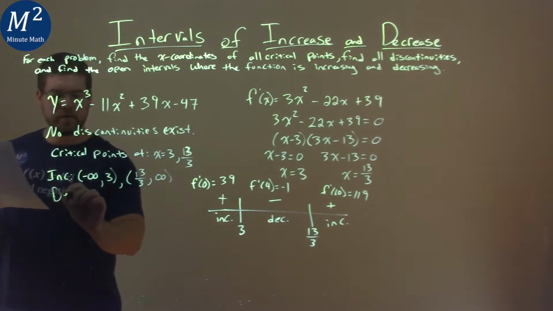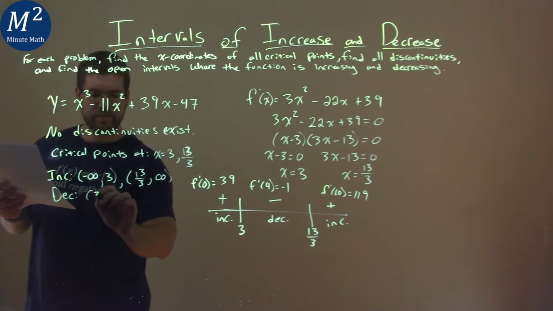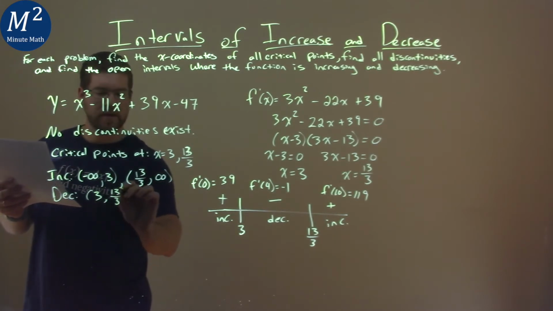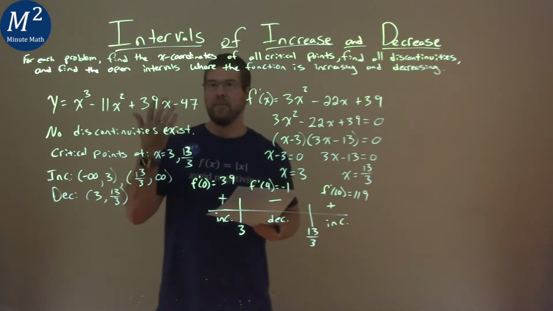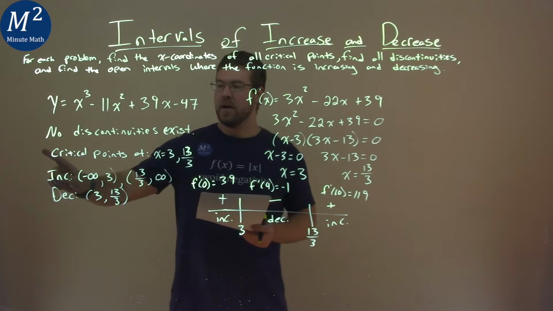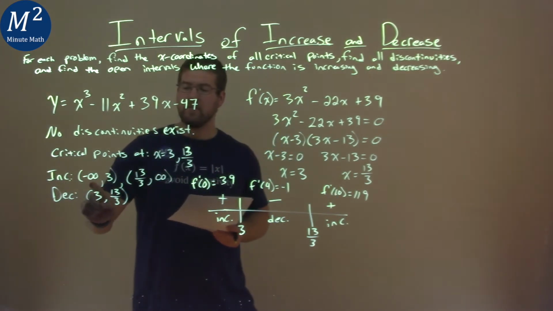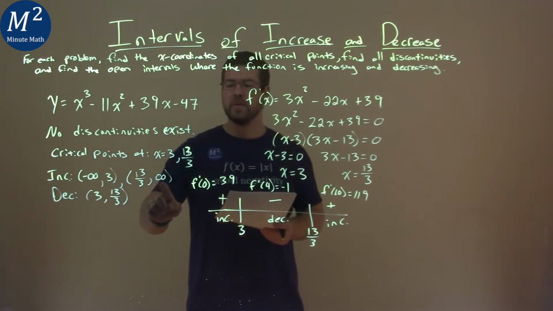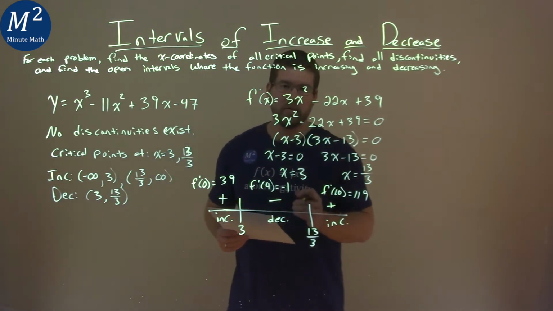We are decreasing on the interval from 3 to positive 13 over 3, and again, we need parentheses here for that. And so that's it. We answered all the questions, and so our final answer here is just no discontinuities exist. Critical points are at 3 and 13 over 3, and our increasing interval is negative infinity to 3 and 13 over 3 to positive infinity, and we're decreasing from 3 to 13 over 3.